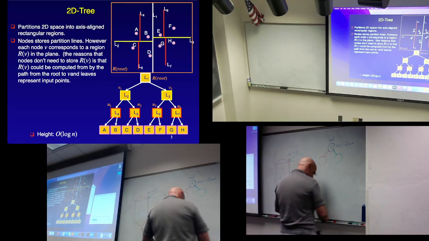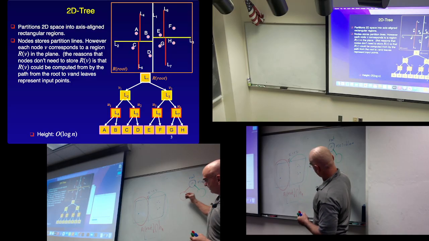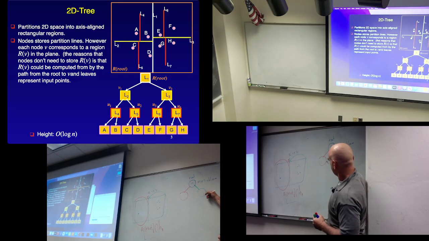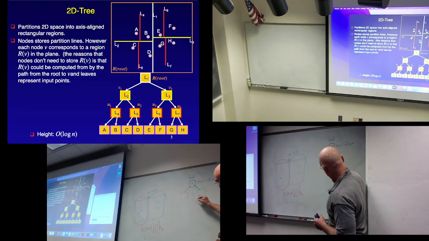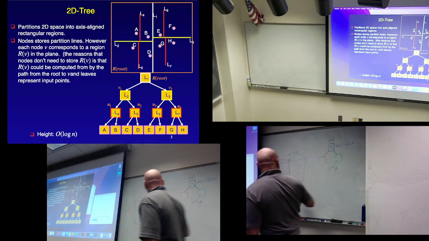Let's use all the wonderful markers that I bought. If I go to the right subtree and then the lower left subtree, that would be R of U3.